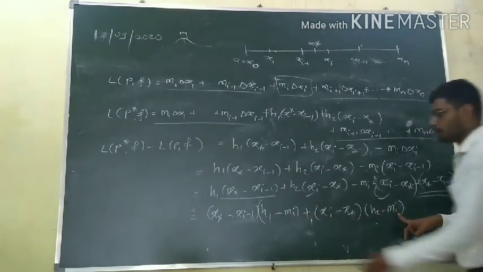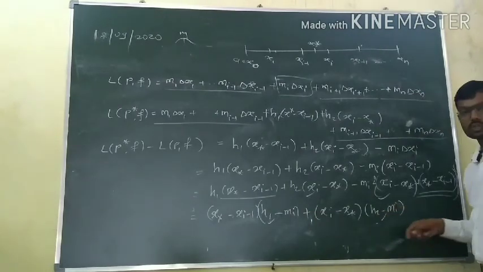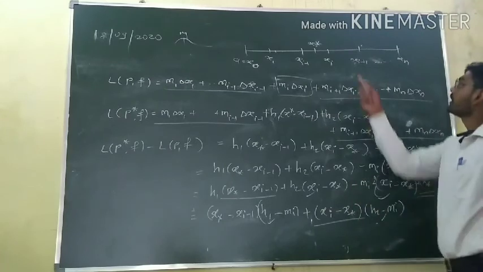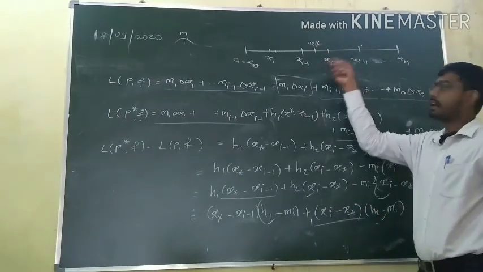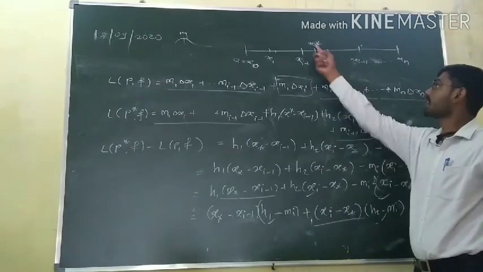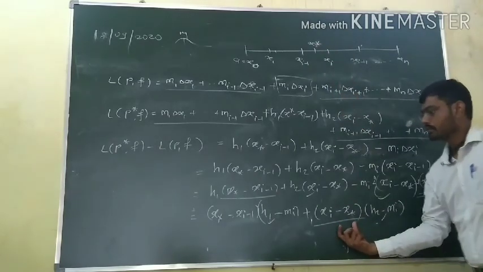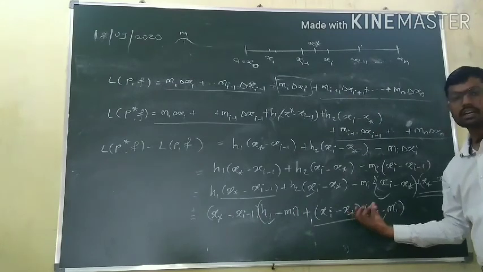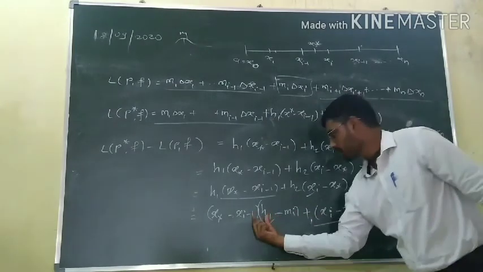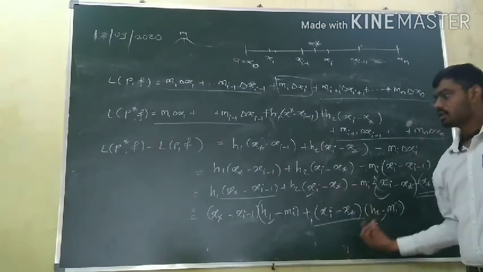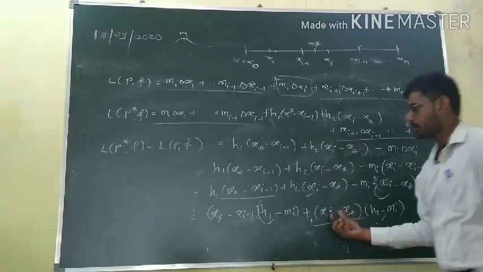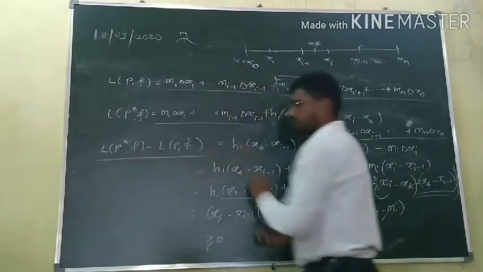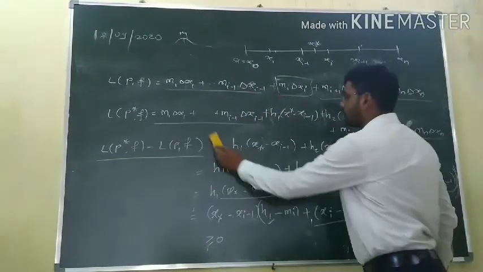So both these terms are greater than or equal to 0. And in x i minus x star, x i is ahead of x star, so x i is greater than x star and this difference is also greater than or equal to 0. So each term in these four terms is always greater than or equal to 0, so this multiplication and the total addition are also greater than or equal to 0. That is, this difference is greater than or equal to 0.